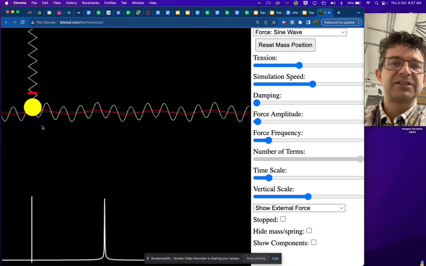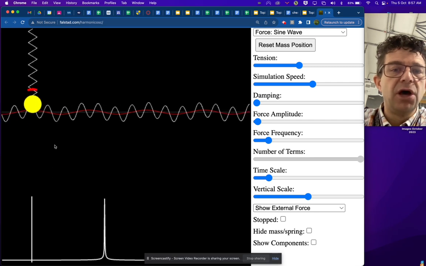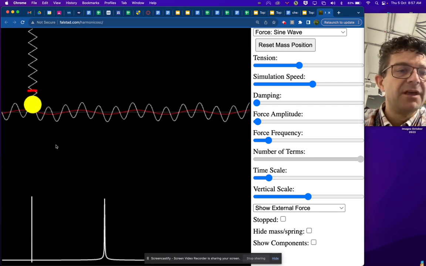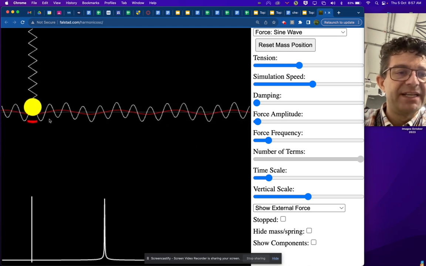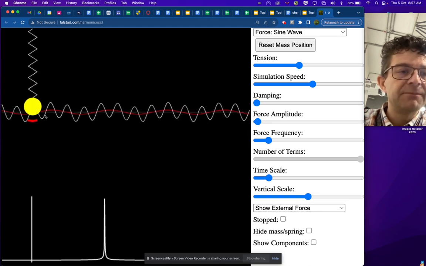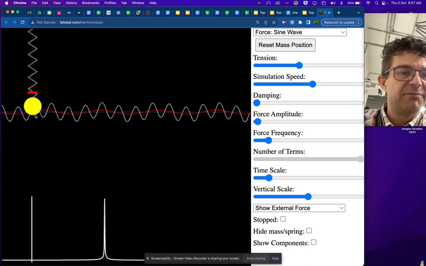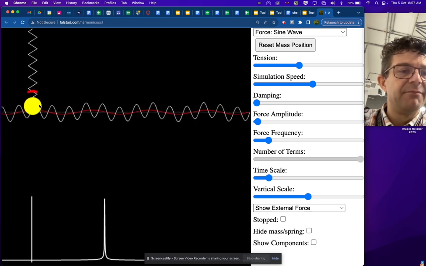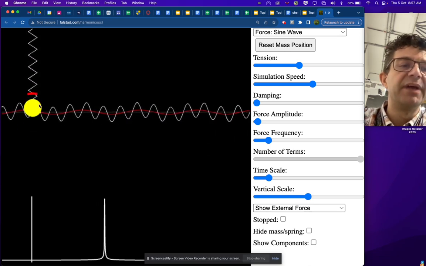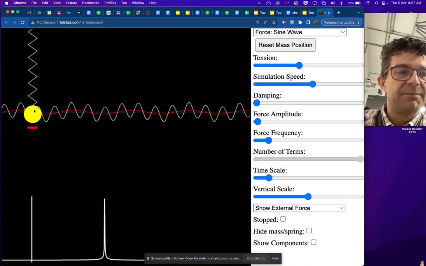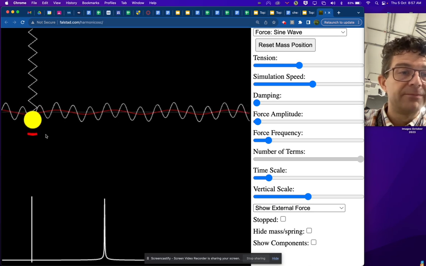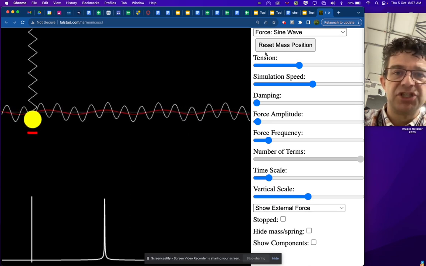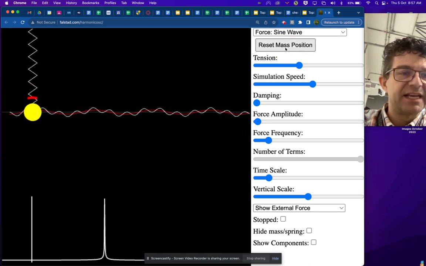And in this case, with the very, very low forcing frequency, you can see that the natural frequency of the pendulum dominates this sort of small scale motion, but we can see the mass moves a little bit up or a little bit down, depending on where in the drive force cycle you are. But basically, the pendulum is just shaking back and forth. If we reset the mass position, we see that that happens as well.